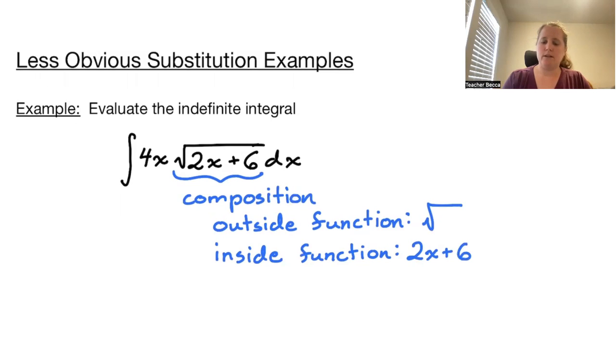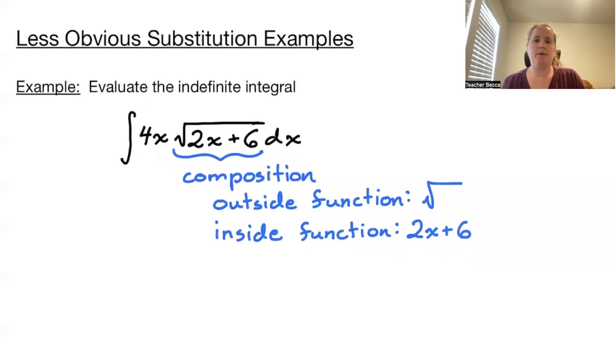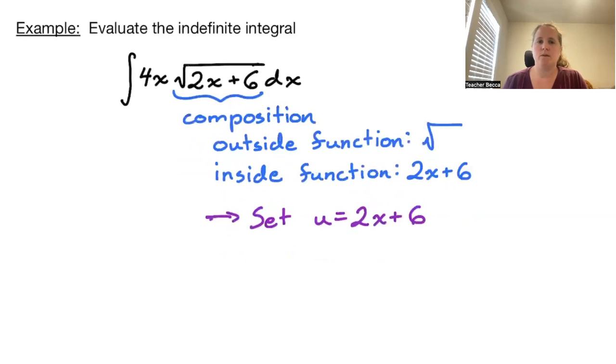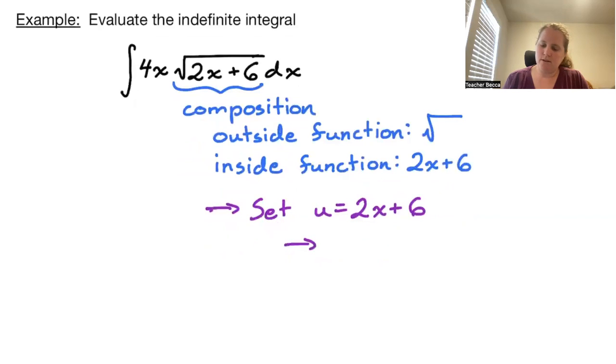So we can go ahead and take our inside function to be our u. So we'll set u to be 2x plus 6. That means that du is the derivative of 2x plus 6, which is just 2, times dx.